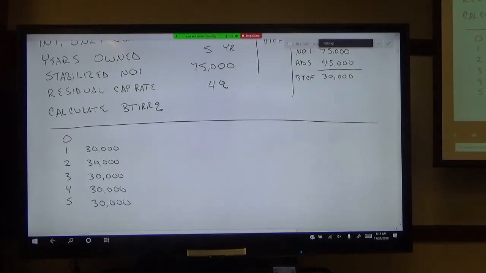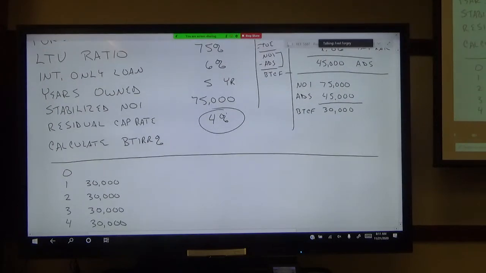Okay, now let's go ahead and take a look at our residual here. So we know that in the 5th year we're going to sell the property, and we're going to sell it based upon a 4% cap rate of net operating income.